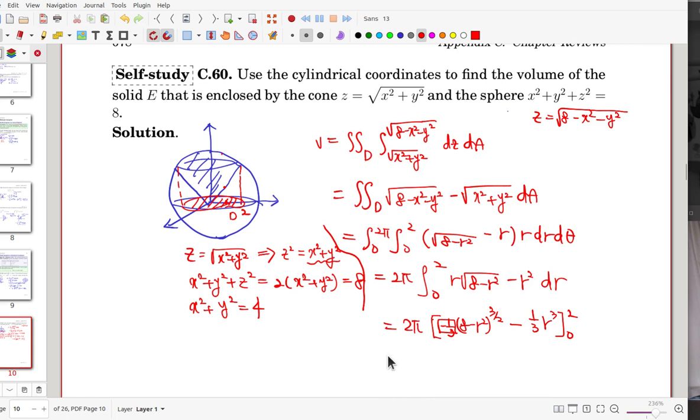Now the 1/3 can go out, so that is 2 pi over 3.